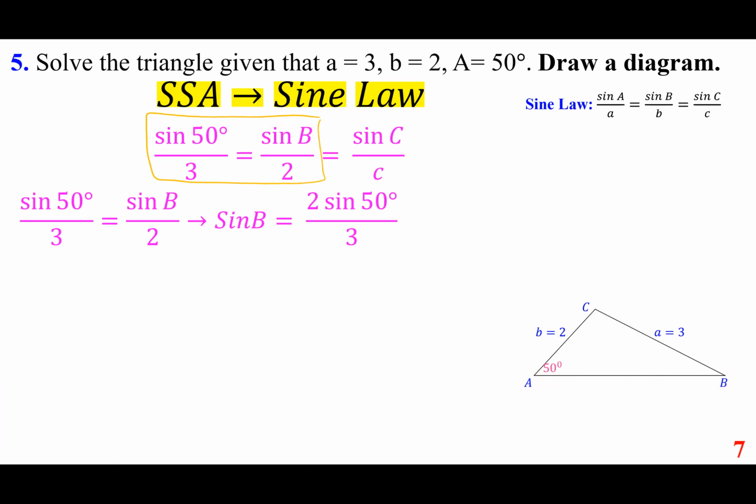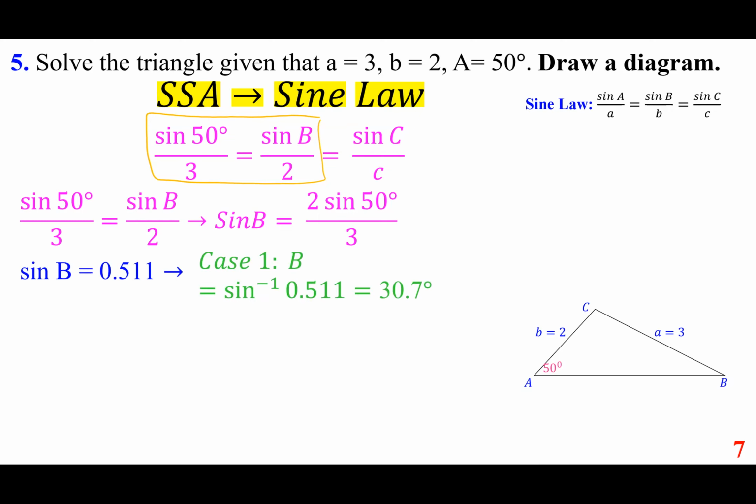And using a calculator, we can find sine B to be 0.511. And using the inverse sine, we find this to be 30.7 degrees.